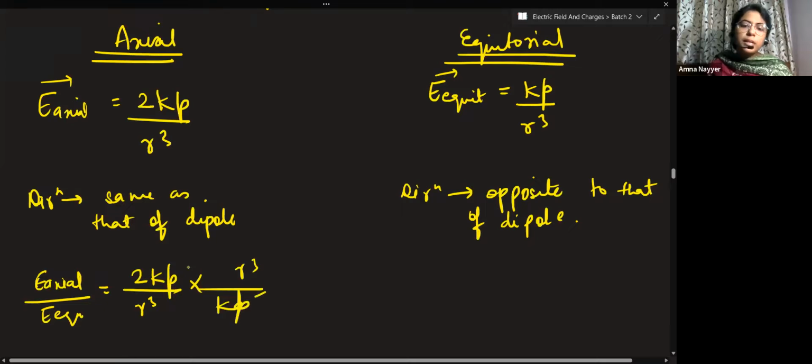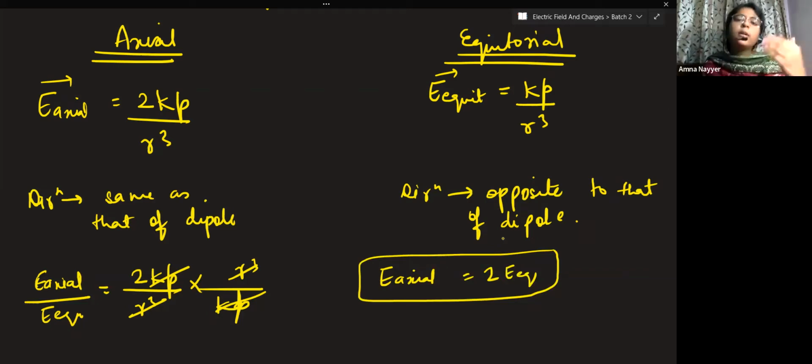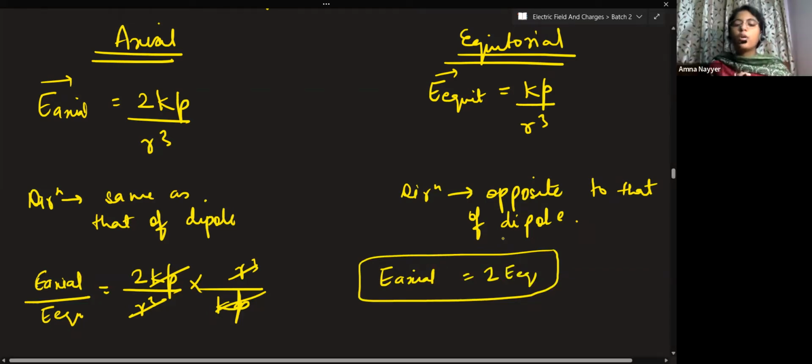So kp gets cancelled, r cube gets cancelled, means E axial is twice that of E equatorial. Many a times you are required to write the ratio, so you can write E axial by E equatorial will be 2 by 1, or E equatorial by E axial will be 1 by 2. So this is the summary of what we have done.